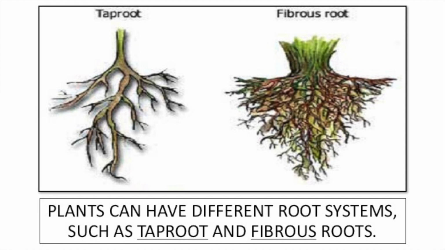The one where there's not so many roots and is just a couple of long strands is known as taproot. But then look at the next picture. Look at all the smaller different types of roots here. This is what we call fibrous. Yes, so all plants will have one of the two systems.